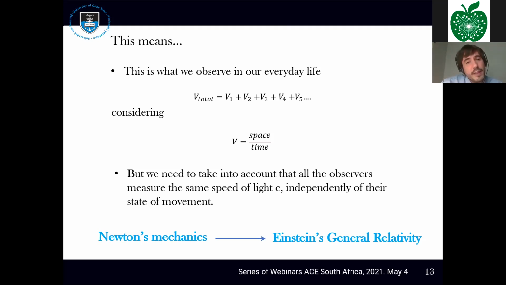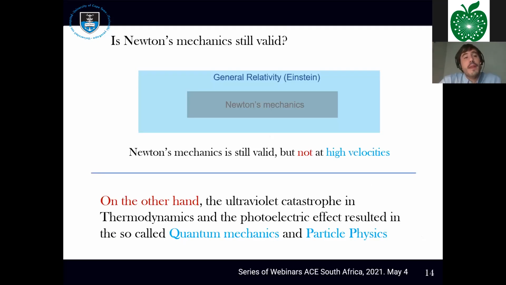Why did I bring up that velocity is space over time? Because, in order to take into account the second situation, we have to think again about space and about time.